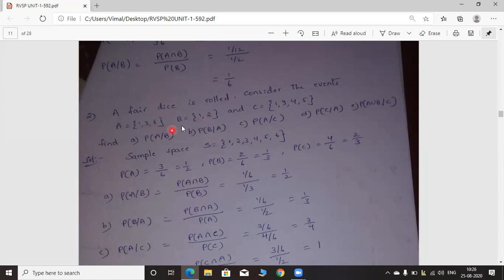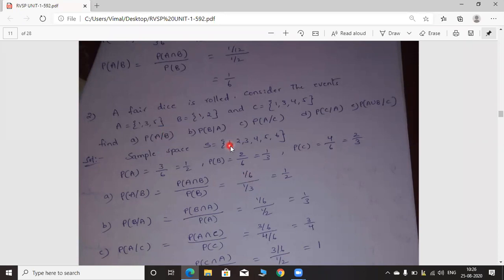So what are the common elements? How many common elements do we have for both A and B? Only one is present, isn't it? In event A we have 1 and in event B we also have 1. So only one common element is present. So you have to write 1 by 6 for calculating the probability of A intersection B.